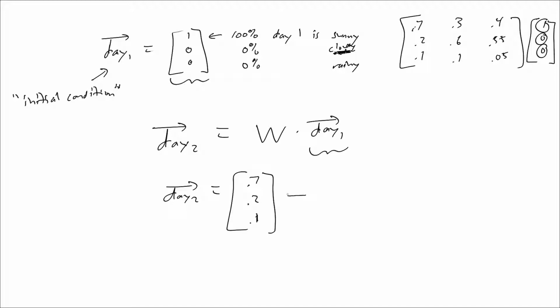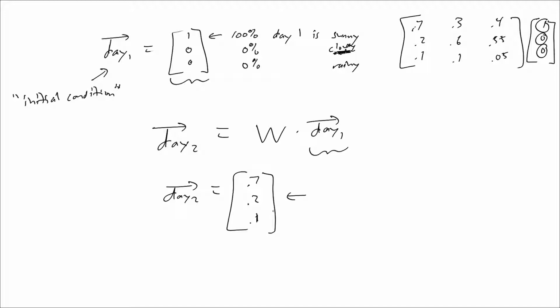Now, this does not mean that day 2 is going to be 70% sunny and 20% cloudy and 10% rainy, okay? It's not what it means. What it means is there's a 70% chance that it's going to be 100% sunny, and a 20% chance it's going to be all cloudy, and a 10% chance that it's going to be all rainy.